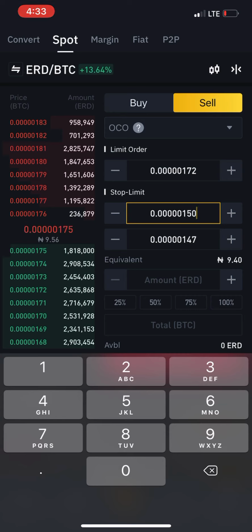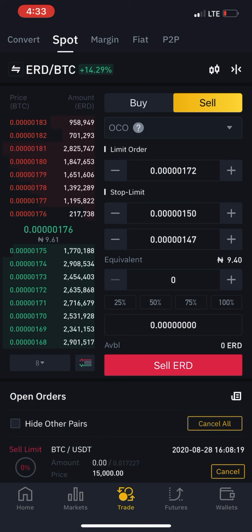Do you understand? Whenever you fix all those columns, all you have to click is 100%, which means you are selling all the investment you made on ERD. Remember, the first column is your sell price. The middle column is your trigger price, and it should be higher than your stop loss.